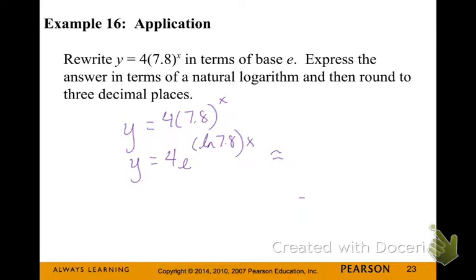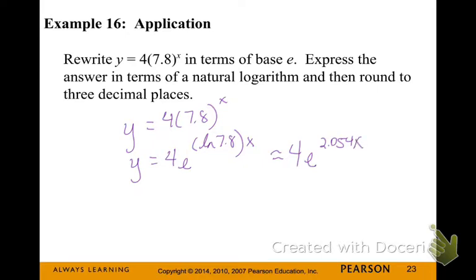Now we can simplify and go ahead and take e and raise it to the natural log of 7.8 and take that, which will give us e to the 2.054x, with the 4 out front.